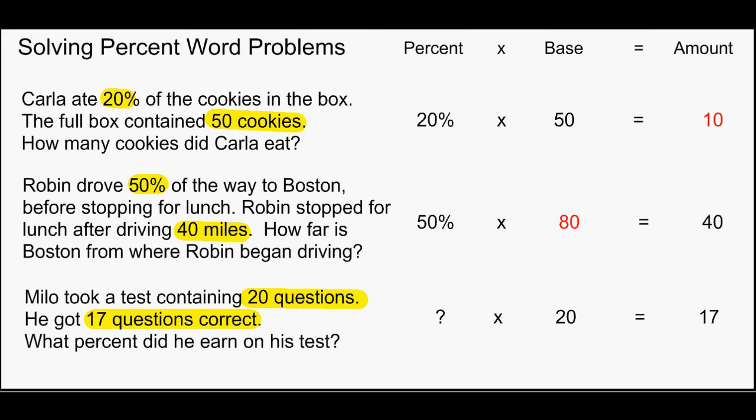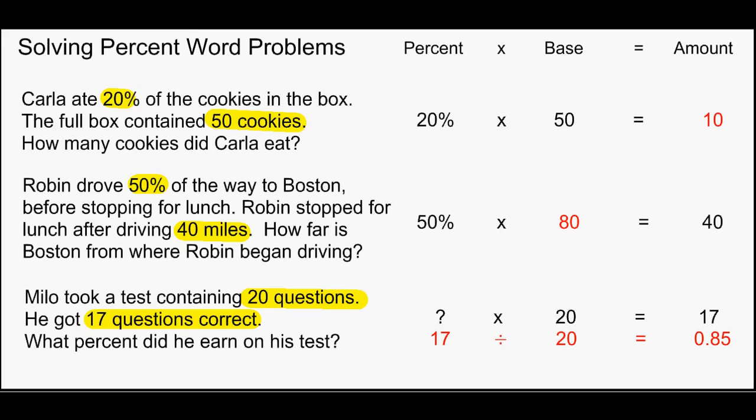Milo took a test containing 20 questions. He got 17 questions correct. What percent did he earn on his test? The percent is our unknown. 20 is the total number of questions, that's our base. 17 is the amount of questions Milo got correct. 17 divided by 20 equals 85 hundredths.